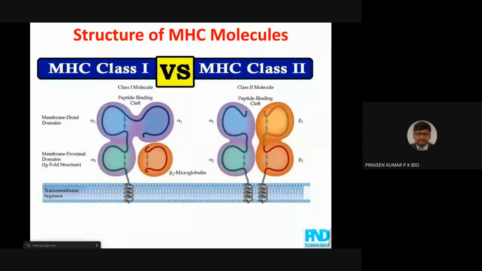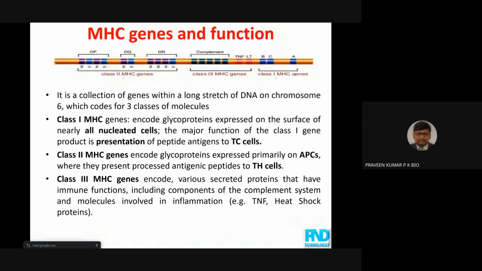Now let me go ahead with the structure of MHC molecules. Already we have discussed single macroglobulin, multiple macroglobulin. One thing we should not forget is the class 1 MHC molecules, or HLA-A, B, C. Class 1 MHC is generally the name of a protein, and the corresponding genes are HLA, that is human leukocyte antigen.